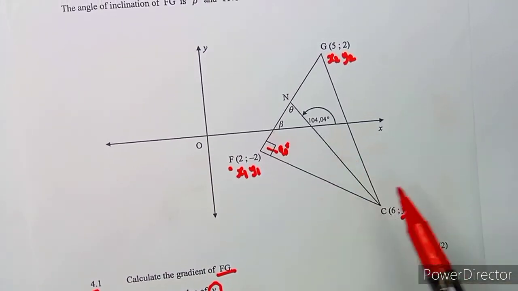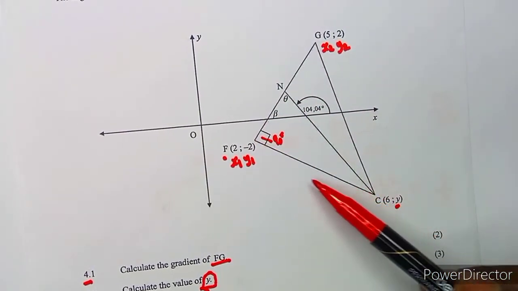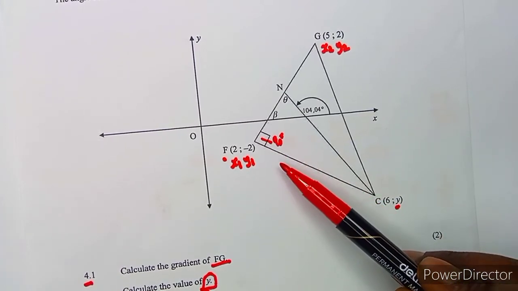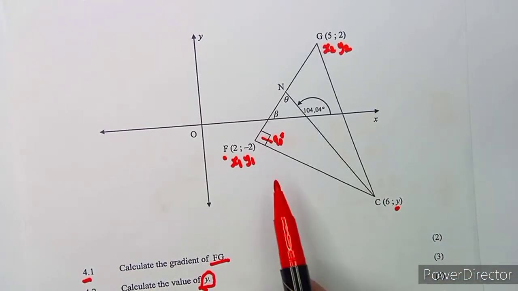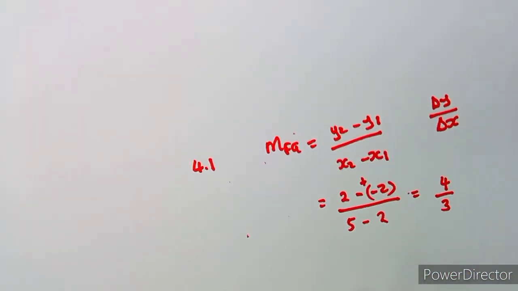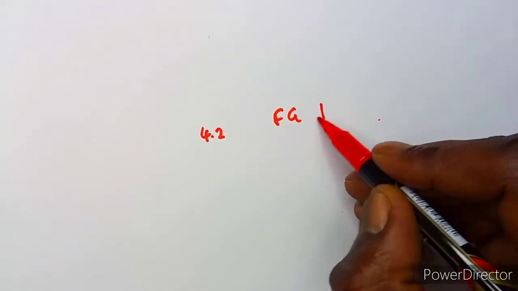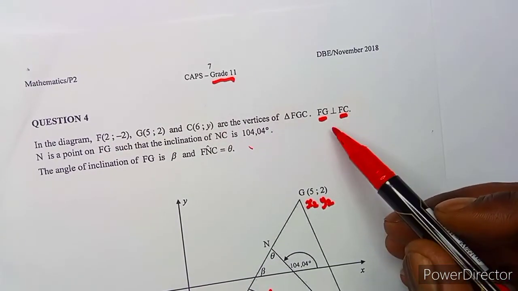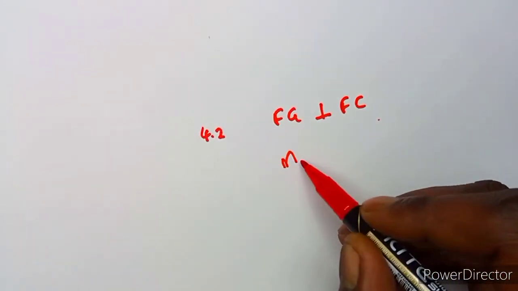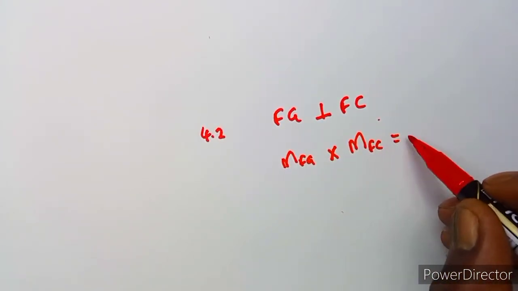Or, if you want to avoid that, you have to know that if two lines are perpendicular, the product of their gradients is negative 1. I can use this because I already have the gradient of FG. Let me write down what I'm saying so you understand. If FG is perpendicular to FC, as stated here, it means the gradient of line FG times the gradient of line FC should give negative 1.